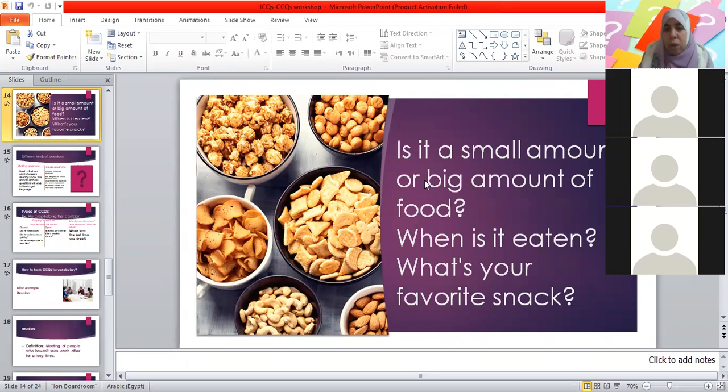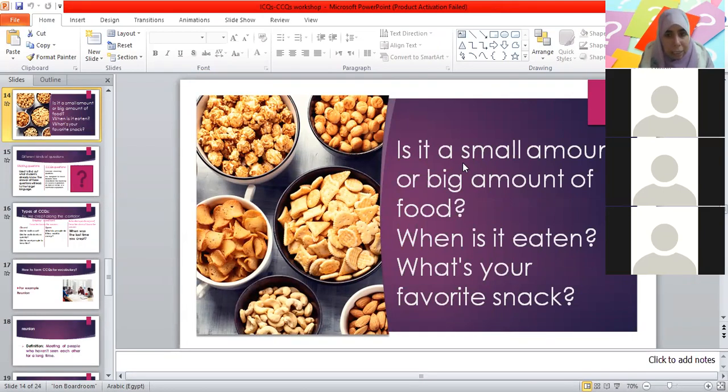Let's again say, is it a small amount or a big amount of food? So it's a display question. Is it open or closed? It's closed, because it's a yes/no question. Yes, that's right. Fatma, the teacher knows the answer.